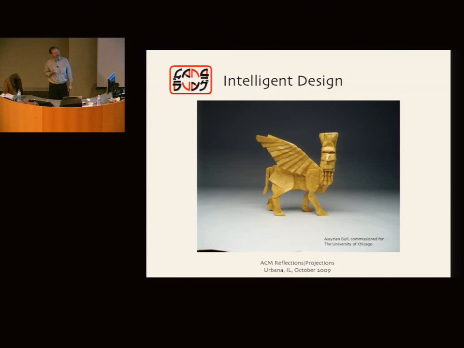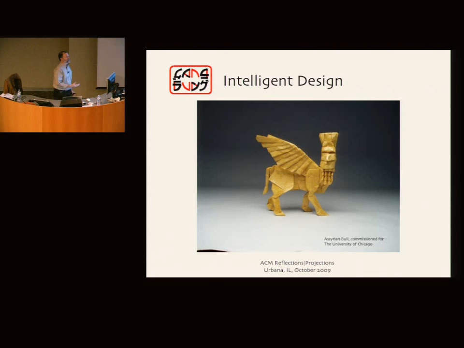Because, you see, if you wanted to make this shape, you couldn't find it by trial and error. You would play around with the paper forever, and you'd never get this particular combination of a bull's body, wings, head, and so forth. By the way, this is an Assyrian god who's in the Asian Art Museum at the University of Chicago. But using these techniques, you could construct exactly this or whatever else you wanted.